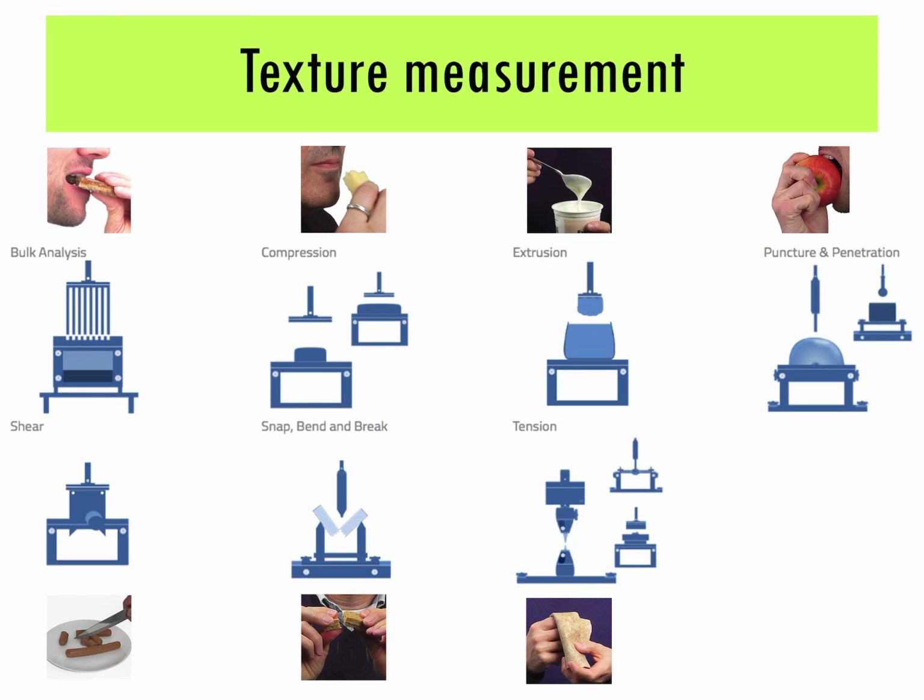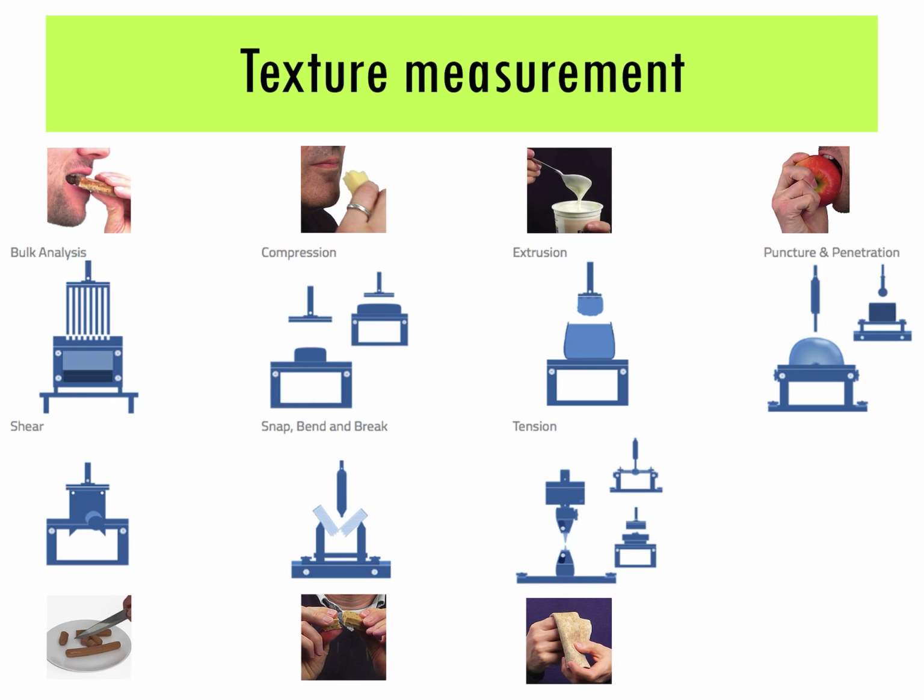The first one is the bulk analysis. We're going to have a couple of blades, then we connect them together onto the probe, and then we cut them through our sample with shear force. Then we get how much shear force we have to apply to our sample.